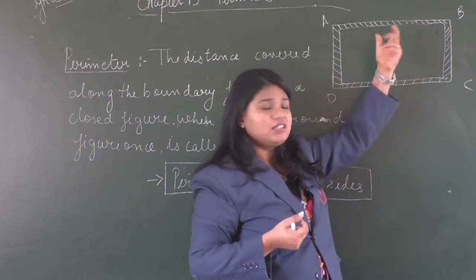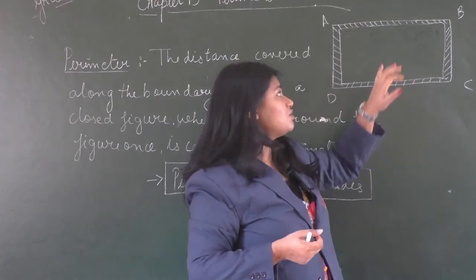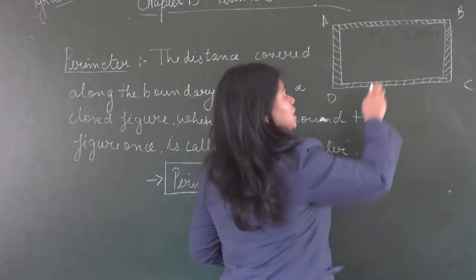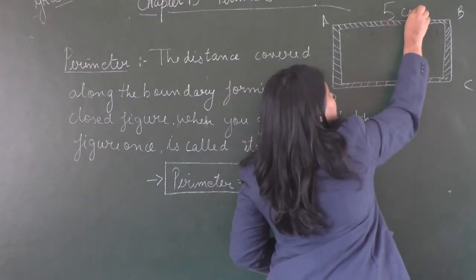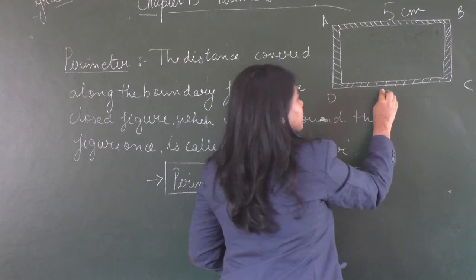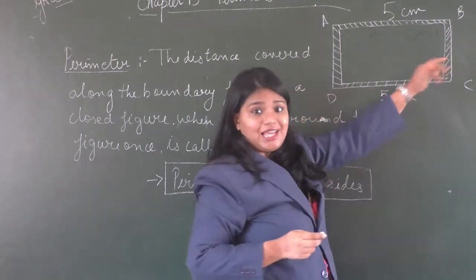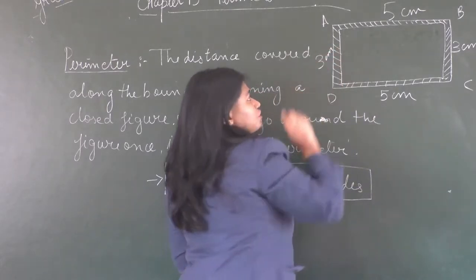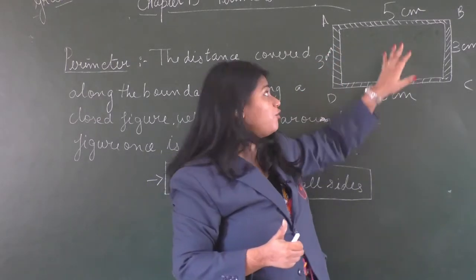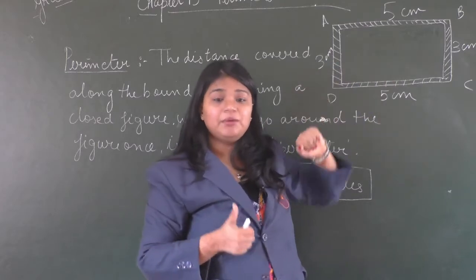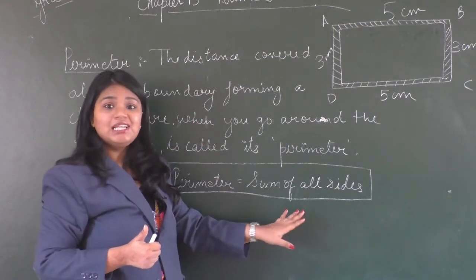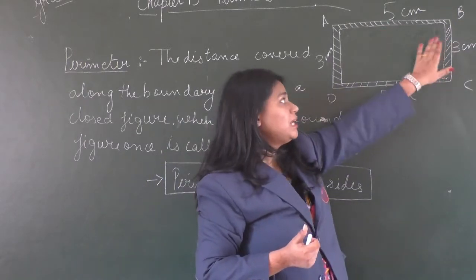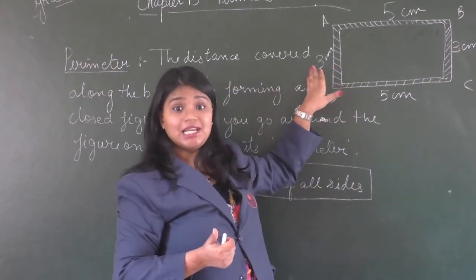So let's write the measurement of this figure. So this is a rectangle, right? The opposite sides of a rectangle are equal. So I'm giving the length as 5 centimeter and breadth as 3 centimeter. So how will I calculate the perimeter of rectangle ABCD? Perimeter is equal to sum of all sides. So I will add all the sides, that will be AB plus BC plus CD plus DA.